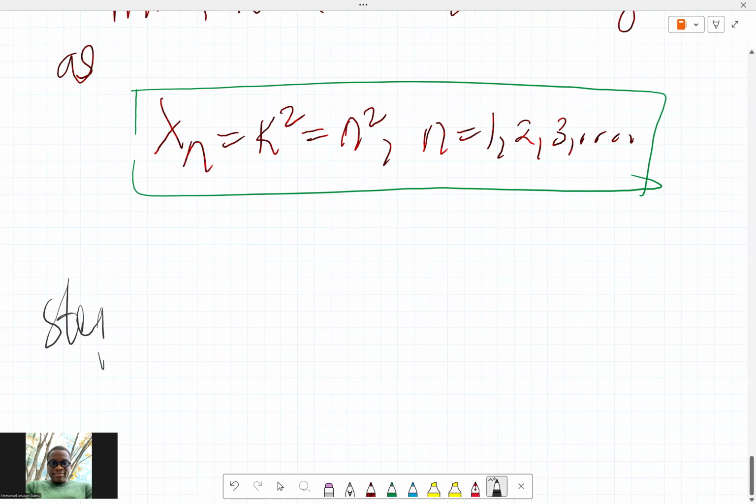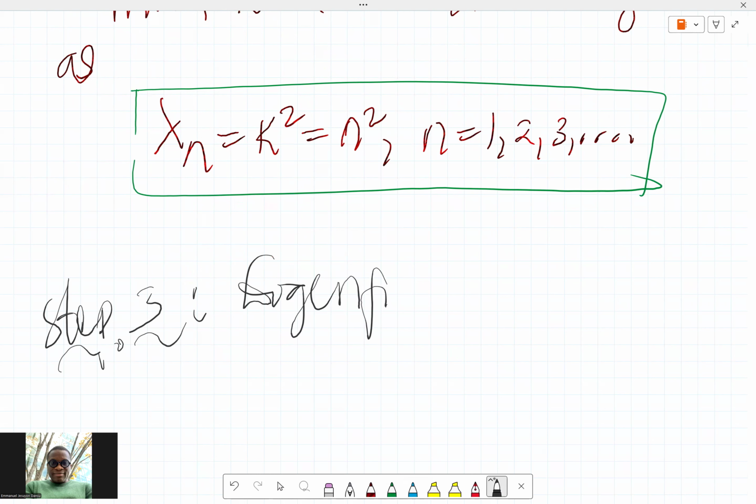And we go for step 3. Step 3, we talk about the eigenfunctions and eigenvalues.